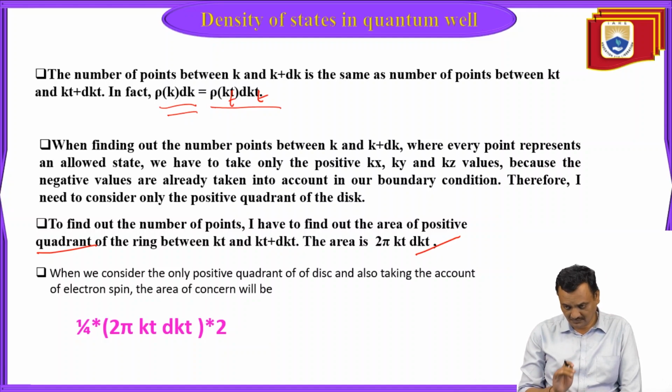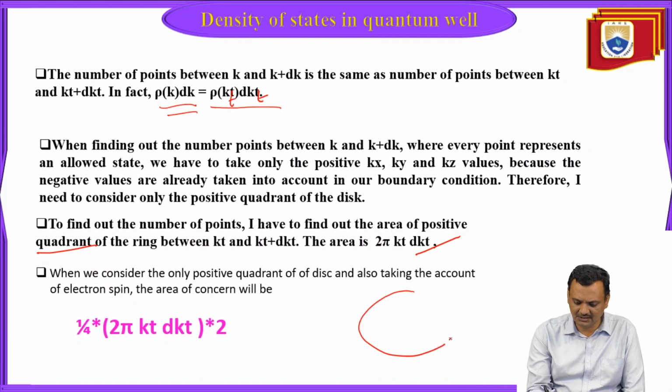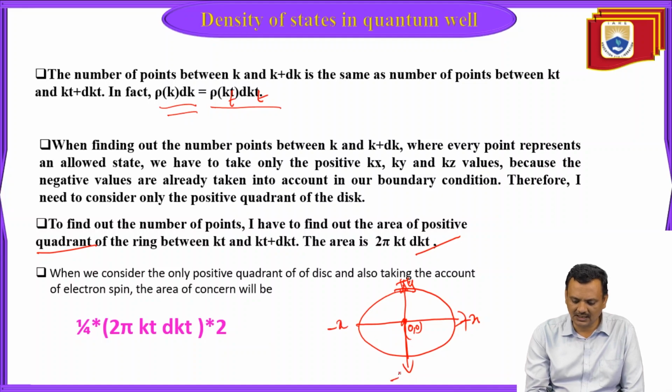So positive quadrant is what? Suppose this is x, this is y. So this is negative y, this is the 0, 0 origin. This is positive x, positive y. This is negative x, negative y.